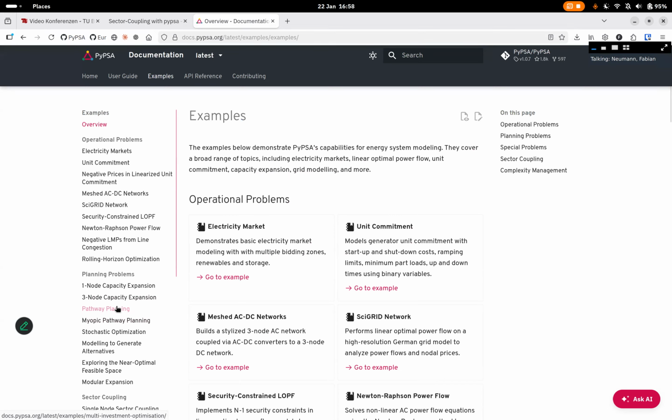Right now, we have a target for CO2 emission reduction and look at what the perfect system and mix should be. In pathway planning, the model gets a budget from now to 2050, and can allocate capacity expansion in different planning horizons: should it be built in 2030, 2040, or 2050?